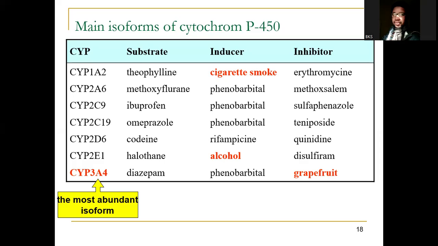So the erythromycin is an inhibitor of cytochrome P450. So it inhibits cytochrome P450, which drastically reduces the activity of the enzyme. So even when you take theophylline, 20 milligram which initially worked for you perfectly, but now it tends to be like you are overdosing.